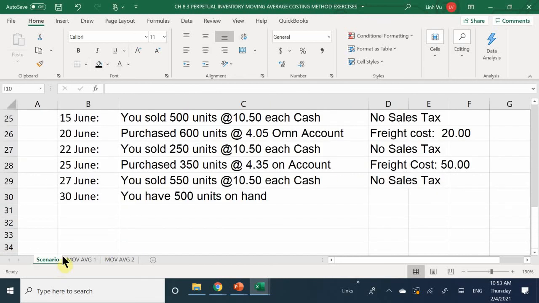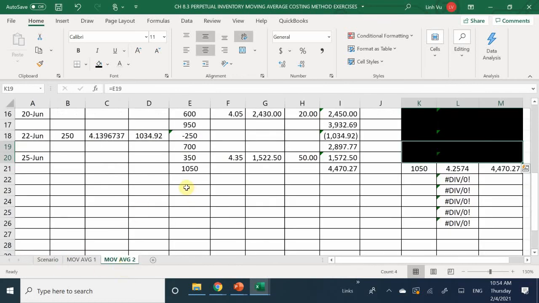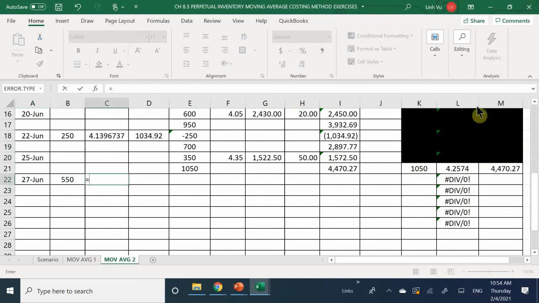All right, last but not least, on June 27th, what did we do? We sold 550 units at $10. And on top of that, by June 30th we should have a grand total of 500 units on hand. So we sold 550 on June 27, and it's going to cost me $4.2574 each.